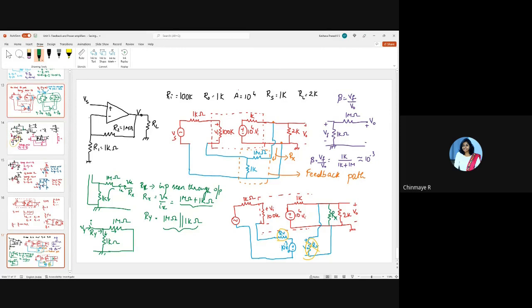Similarly, we will remove this resistor Ry here, and I can connect it in the same path here. So I'll again push this resistance Ry on the amplifier side.